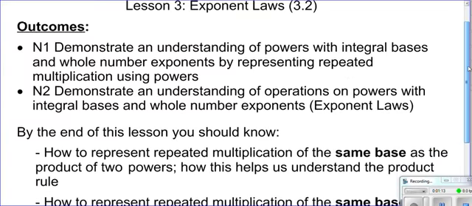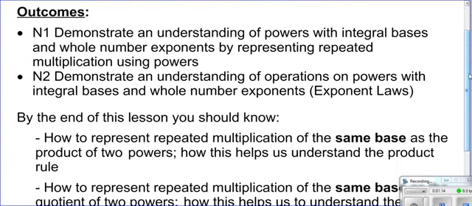We're still going to keep working on demonstrating powers with integral bases and whole number exponents as repeated multiplication. And we're still going to work on using repeated multiplication to represent as powers, but we're going to take this one step further.